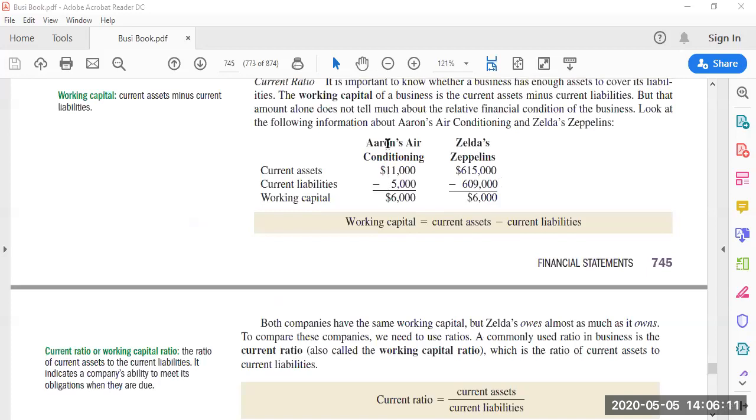Aaron's Air Conditioning Company is in a better position financially than Zelda's, even though they have the same amount of working capital. So you can see from one company to the next, the numbers help us to understand a better picture of the health of that company. Let's move on.